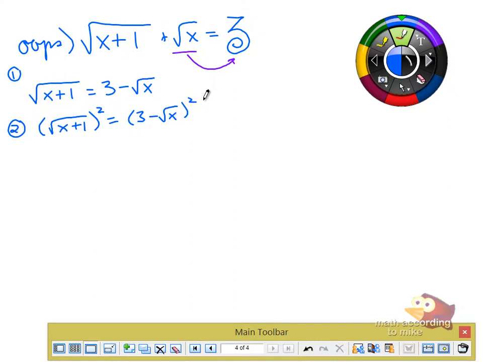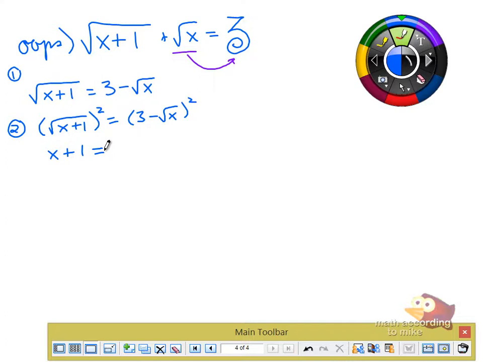On the left, how many terms are we squaring? So what happens to the square and the square root? Good. On the right, how many terms are we squaring? So what do we have to do? Foil. If you would, please foil.